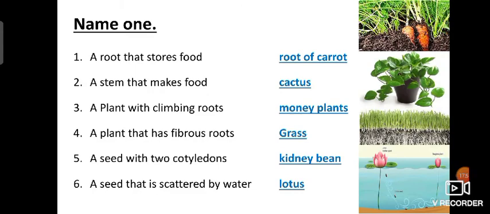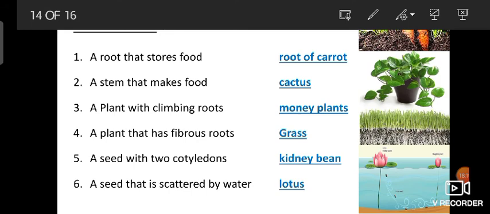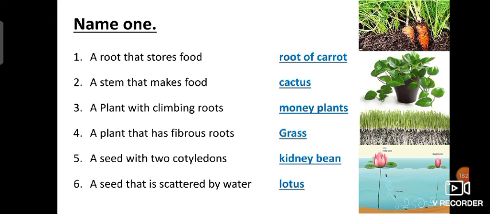Understood, children? Next, we'll see about the exercise of name one. A root that stores food. Root of carrot. You can see the picture here. Next, a stem that makes food. Cactus. Next, a plant with climbing root. Money plant. Next, a plant that has fibrous root is grass. You can see, easily you can pluck it out from the ground.